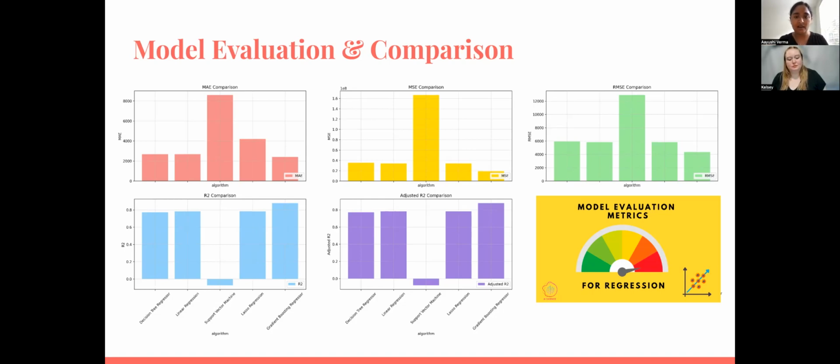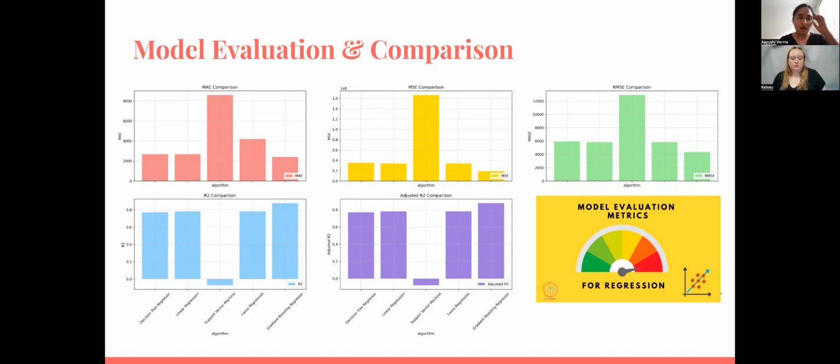So these metrics, okay, taking a step back. We did a bunch of regression models on our data to predict the charges that it's going to cost someone.